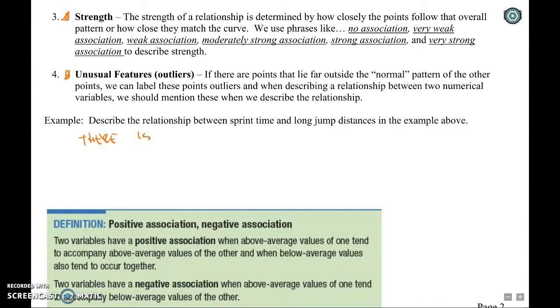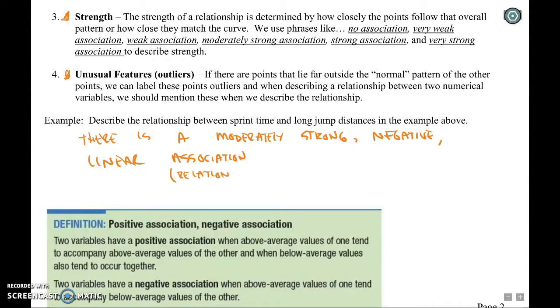There is a moderately strong, that's subjective, but whatever, negative, linear association, or relation, either word is fine here, between sprint time and jump distance.